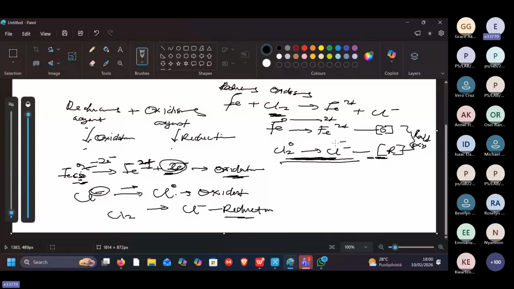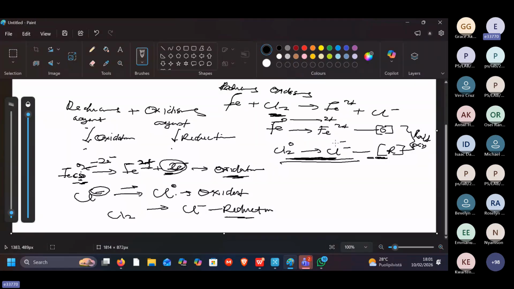Now, our role here is to figure out whether a species is going through oxidation or another species is going through reduction, and then see if we can balance these species. That's the most important part of the redox reaction. They are happening at the same time.